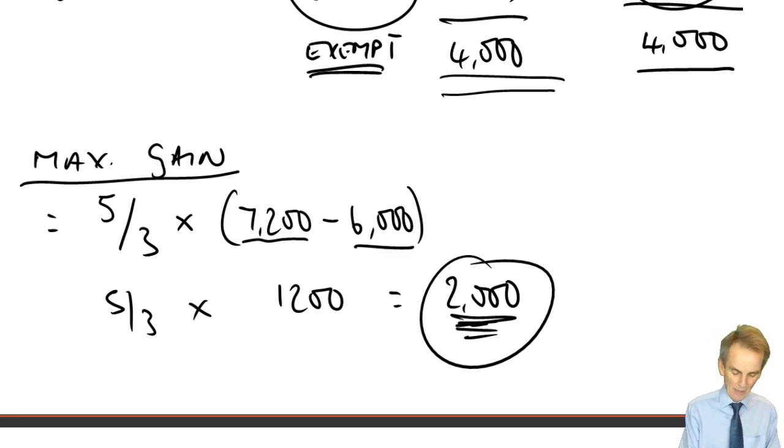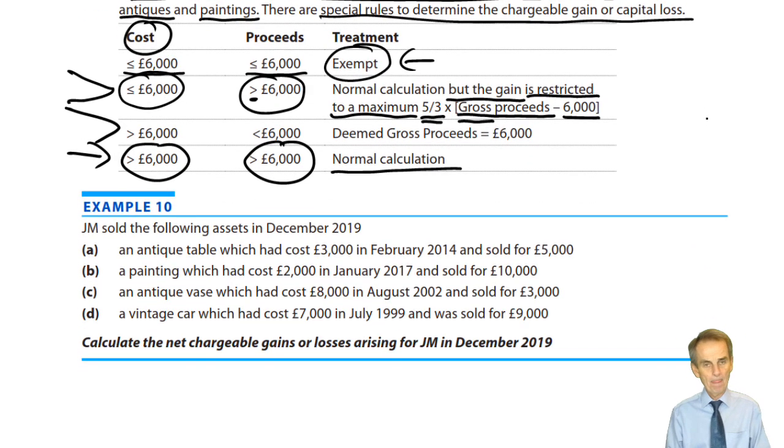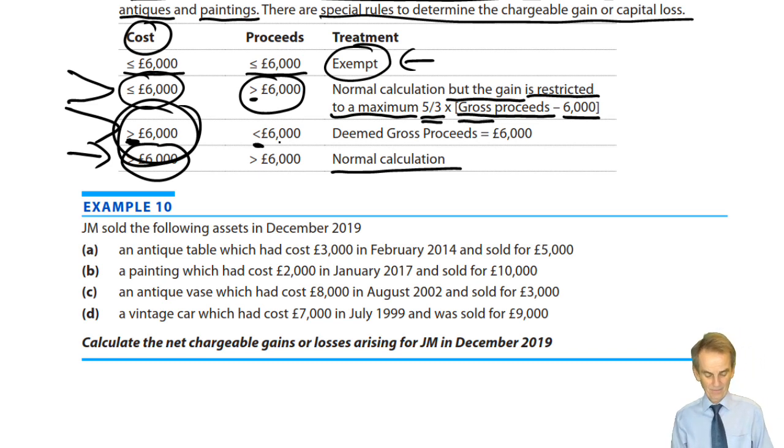Okay, let's go back to our notes now. There's one other situation. In that previous one, we bought for less than 6,000 and sold for more than 6,000. What we've got this time is that the cost exceeds £6,000, but our proceeds are less than £6,000.